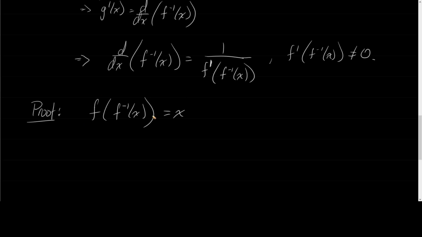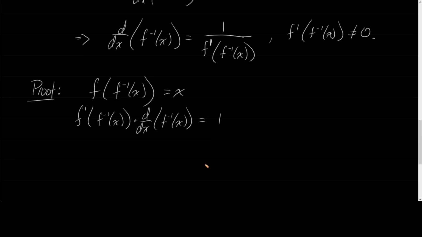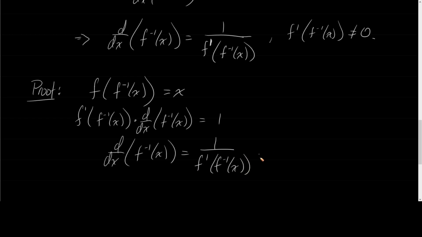Now, if I take the derivative of both sides, using the chain rule, I end up with f prime of f inverse of x times the derivative of the inside, the derivative of f inverse of x. And on the right side, the derivative of x is just 1. So at this point, dividing this into the other side, I get the derivative with respect to x of f inverse of x is 1 over f prime of f inverse of x. All right. So that's our proof there.